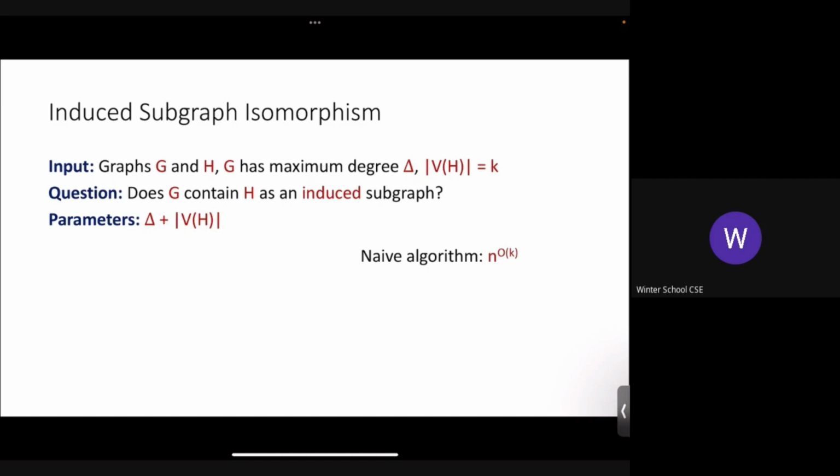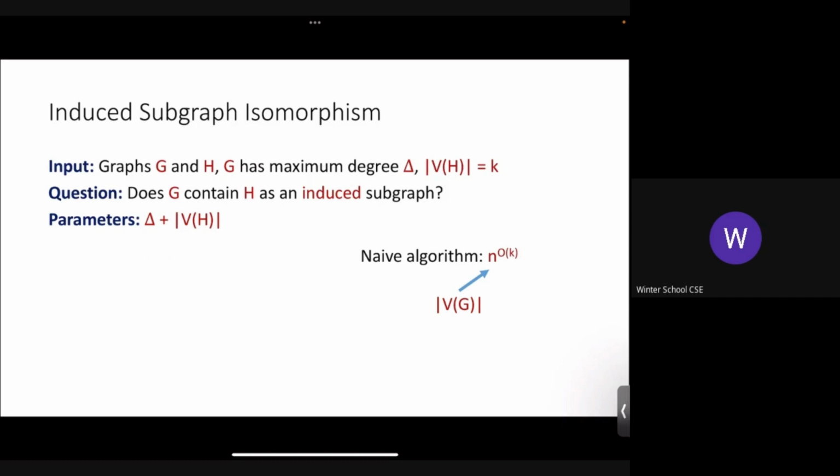Well, I will come to this in a second, because if I want to solve this problem, what would be the naive algorithm? In graph G, I try all possible sets of size K. This takes me n to the K, and then I check if the two graphs are isomorphic or not.